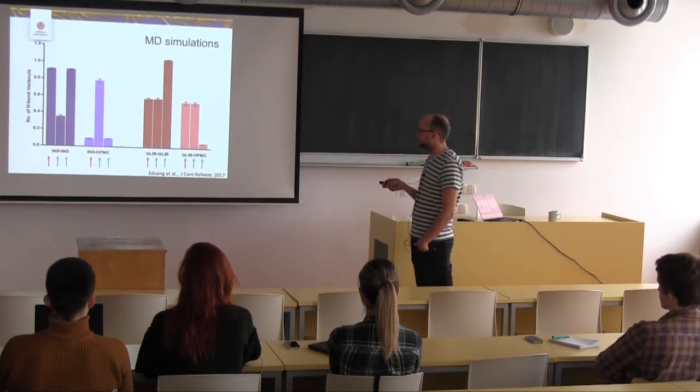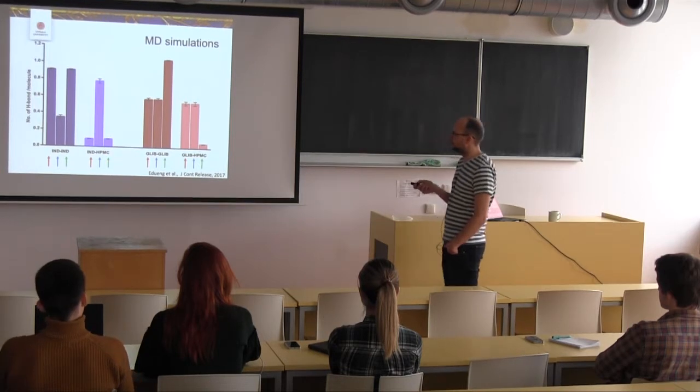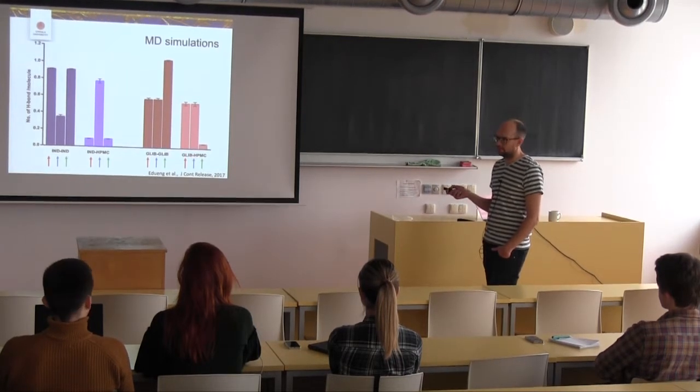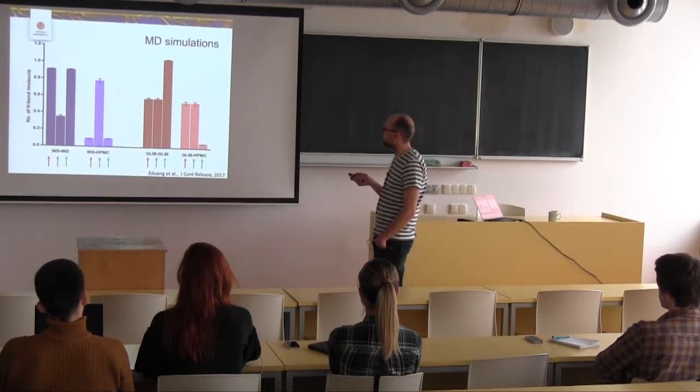Here we have the number of hydrogen bonds between indapamide and the polymer per molecule. It's about 0.8 on average. And the same here: these are the number of hydrogen bonds between glibenclamide and the polymer, and as you can see, it's only about 0.6 hydrogen bonds per molecule.